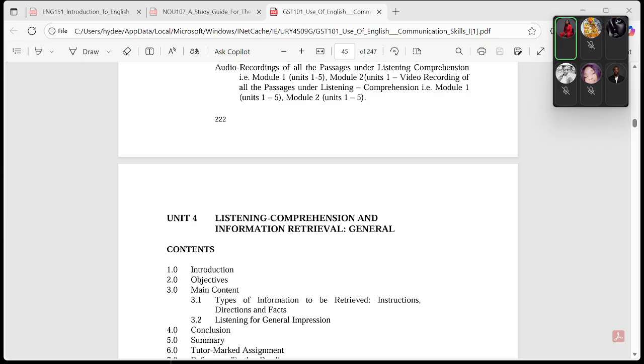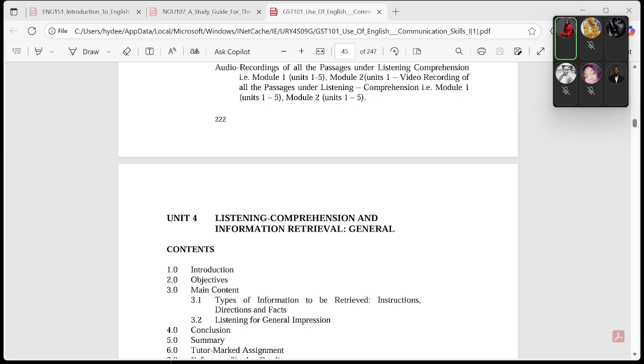Where are you reading it from? It is from the summary. The first one is the transition from the fundamental skills of note taking to the active process of information retrieval through listening comprehension.